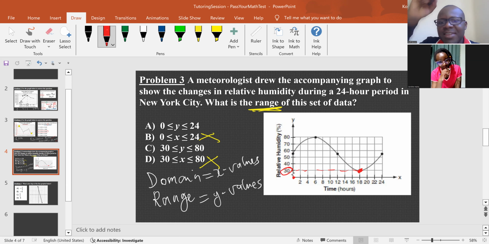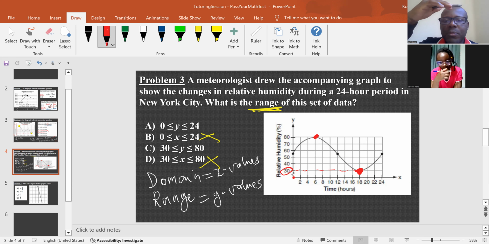The highest is when we have this point, that's the last time. If you are moving from bottom to the top, the first time you touch the graph is at this red point, and the y value related to that, because we are looking for y, is 30.